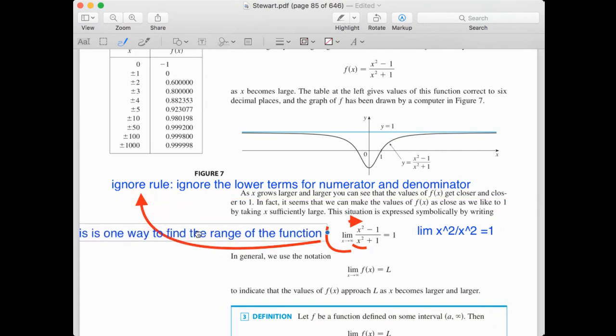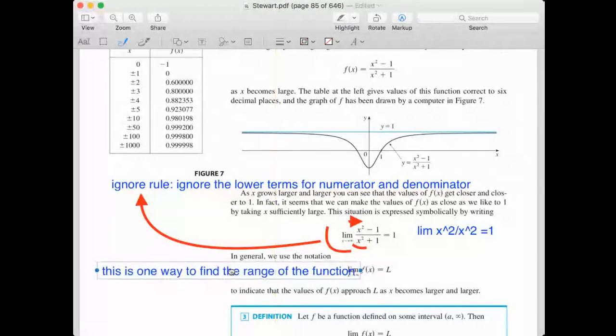When we want to find the range, the domain means the x value, the range means the y value, right? So when we want to find the range of a function, we could take a limit, then let x approach negative infinity and x approach infinity. So this is telling us the range, right?